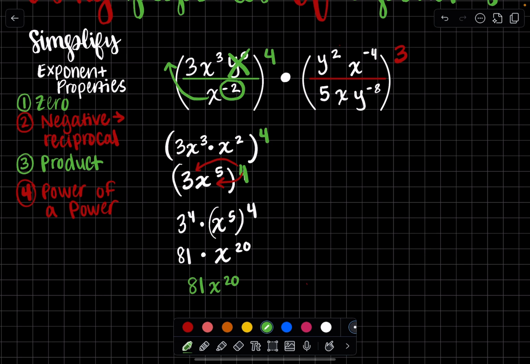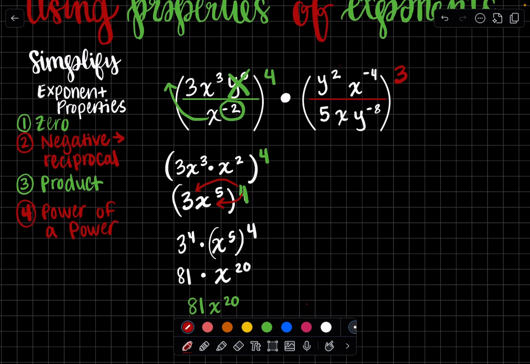Now I have to simplify my red fraction, my red situation. I don't have any zero powers, but I do have some negative exponents. So now here is where we do our flip-flops, or the reciprocal.